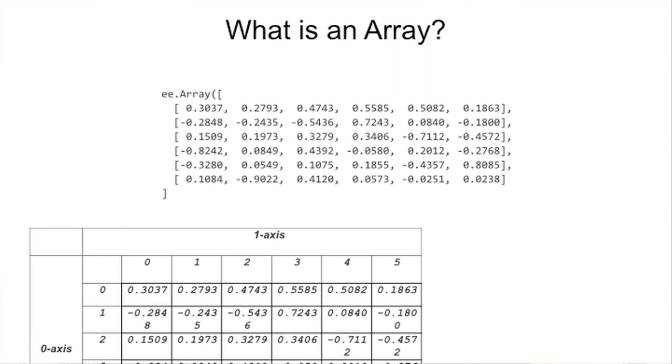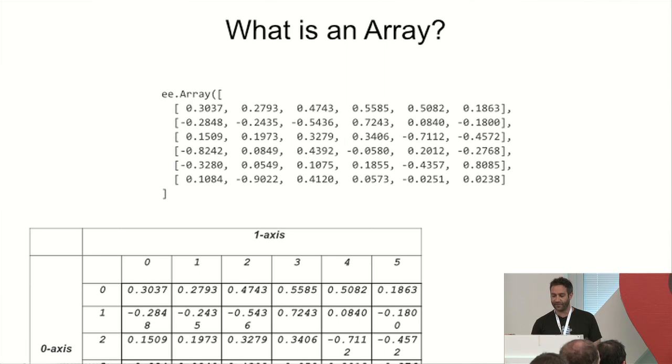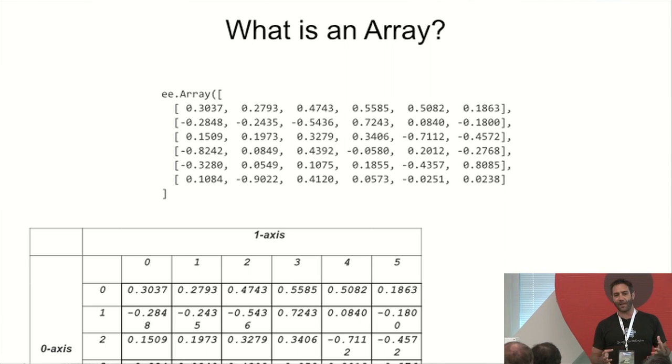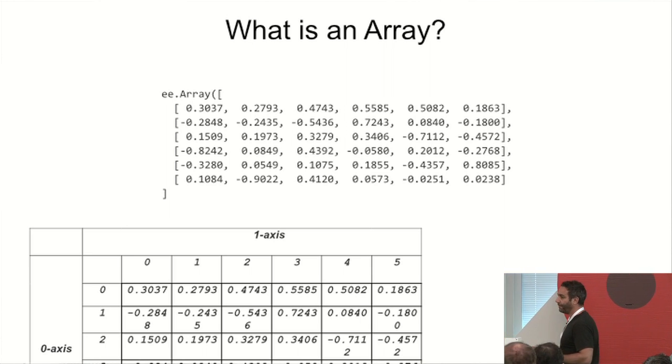And so here's the outermost list, and inside that are these other lists. So the variation within one of these inner lists is along the one axis, and the variation of these lists is along the zero axis.